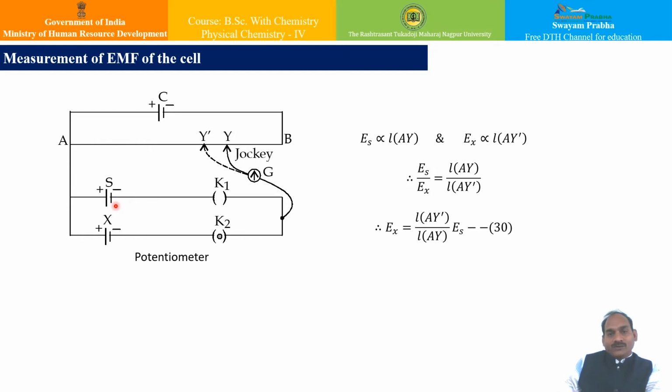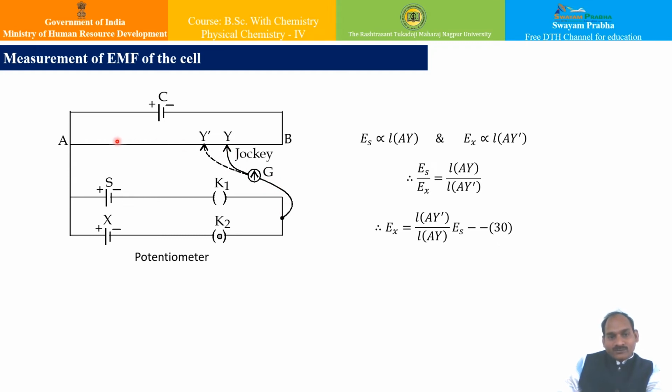Now, what will we do to measure the EMF of the cell? First, a standard cell with EMF E is connected in the opposite direction by closing this key K1. The jockey, which is connected to the galvanometer, is tapped on the wire.